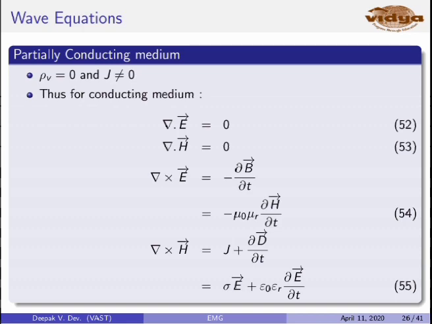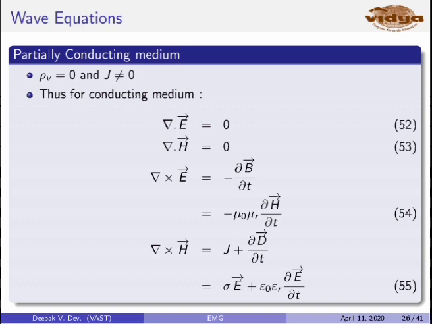It is also known as a lossy dielectric. Not all dielectrics are pure. There may be some amount of conduction loss in any dielectric. Such dielectrics having a small amount of conduction loss or conductivity are known as partially conducting media or lossy dielectrics.